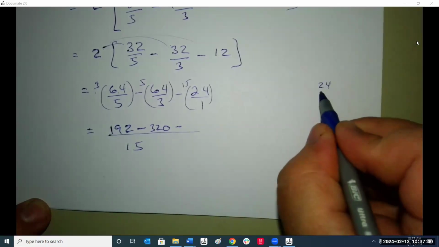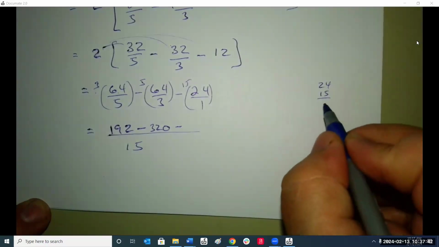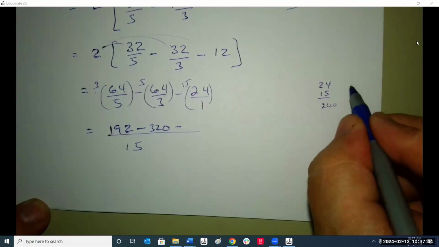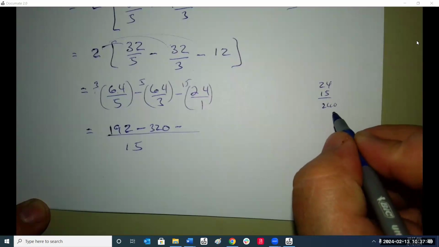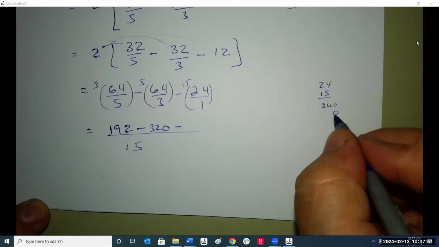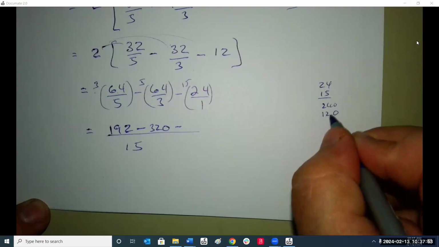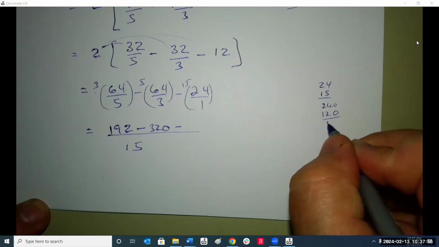And 24 times 15 is 240. 24 times 5 is 20. 120.